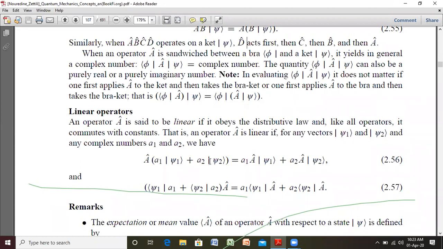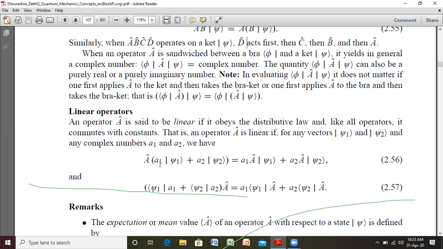So sometimes we have a ket psi, and sometimes we have a linear combination of wave functions. If we have a linear combination of the wave function and operate with an operator A, it will operate on the first term, and it will operate on the second term, just like a simple multiplication. This is called the distributive property, meaning the operator distributes itself.